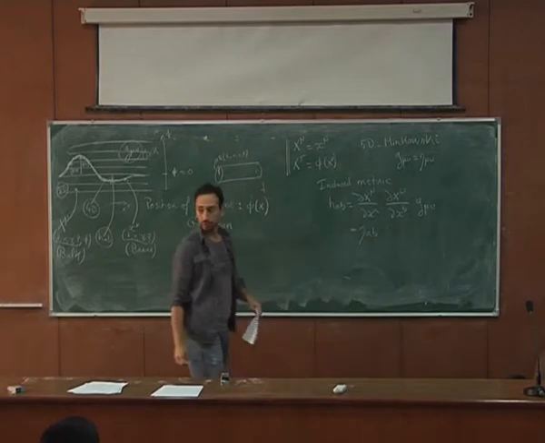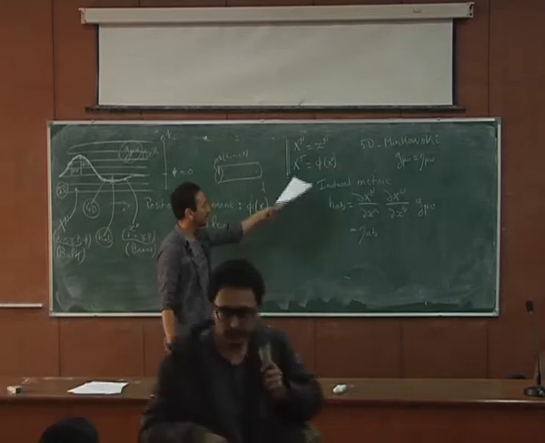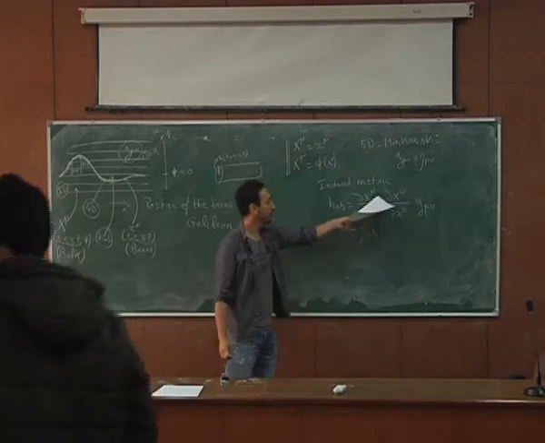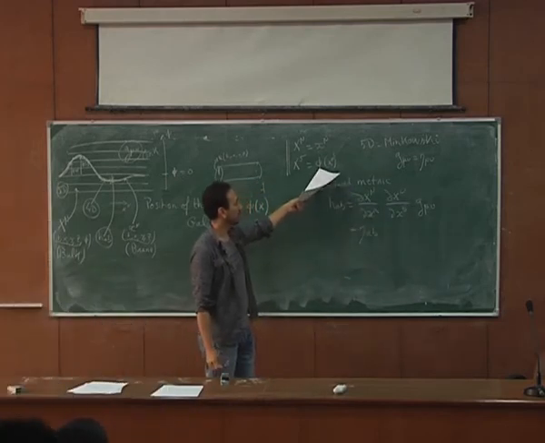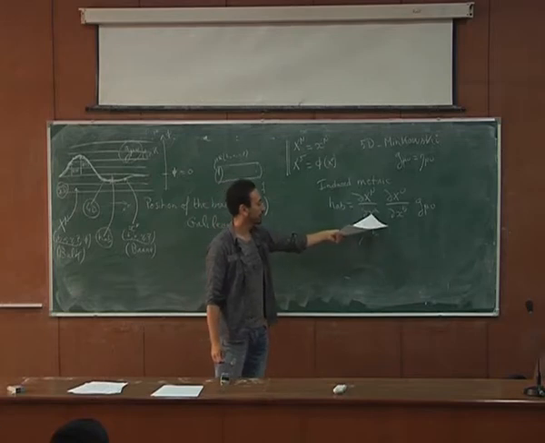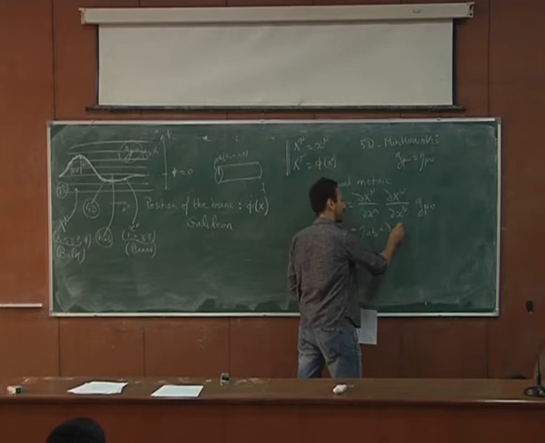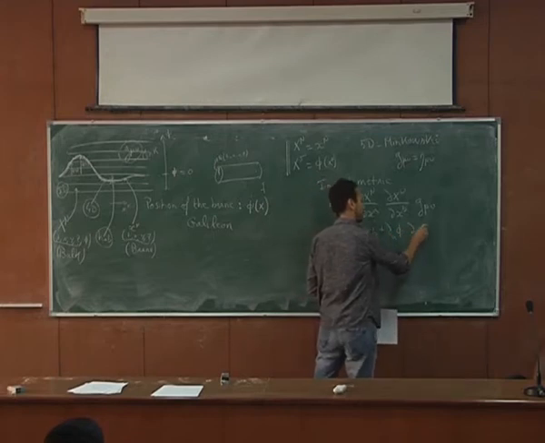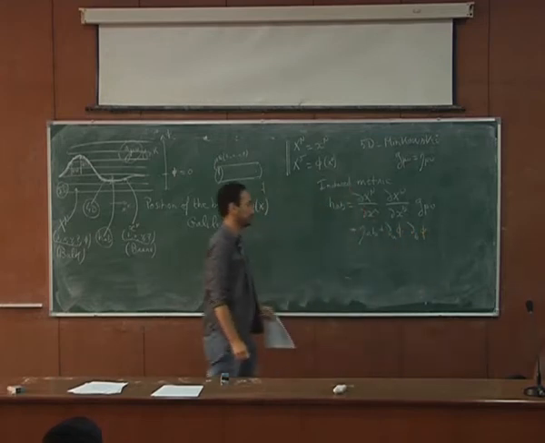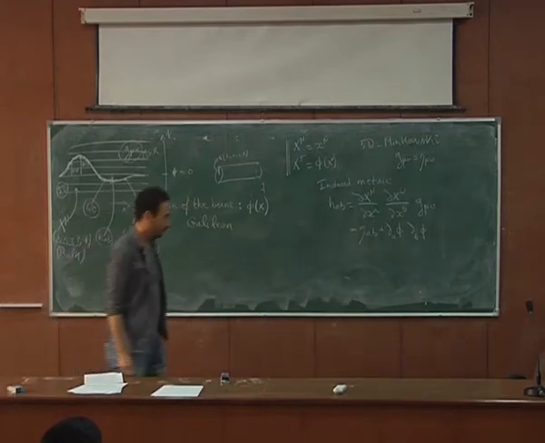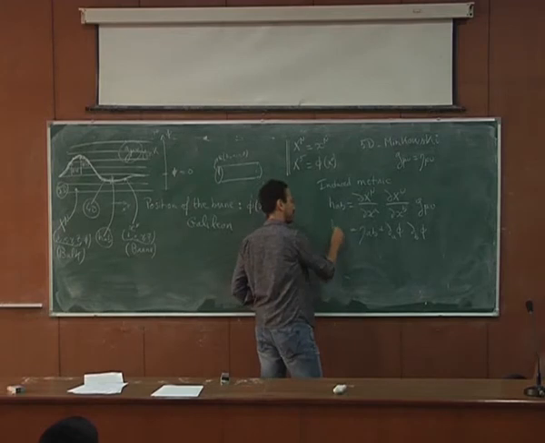But when x5 is equal to phi, when mu and nu are equal to 5, you get the derivative. You get plus d_A phi d_B phi. So this is my induced metric.